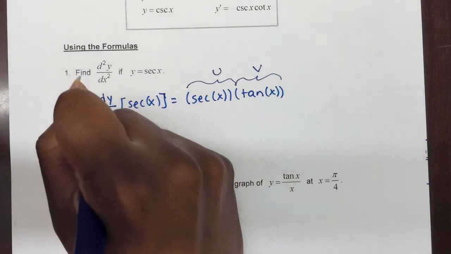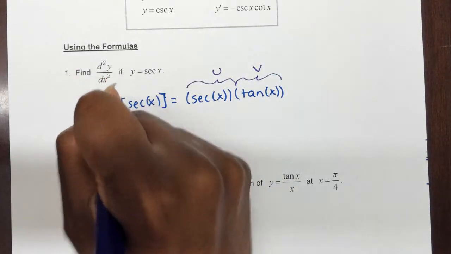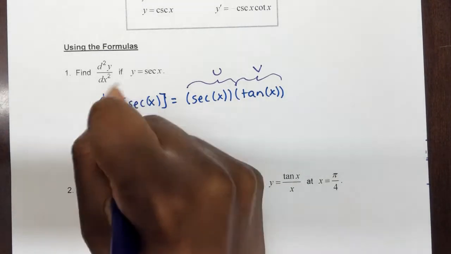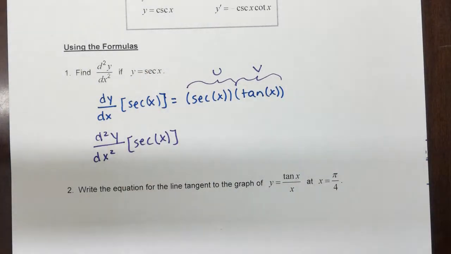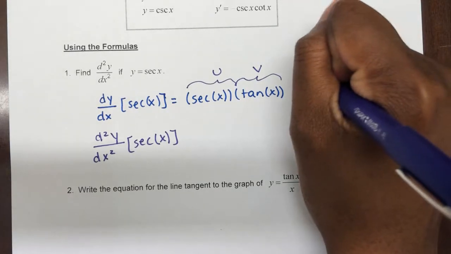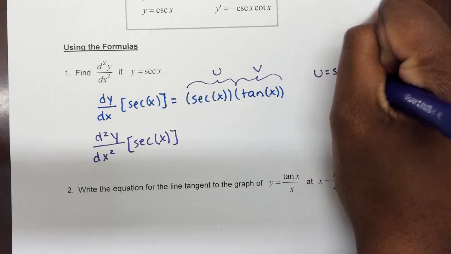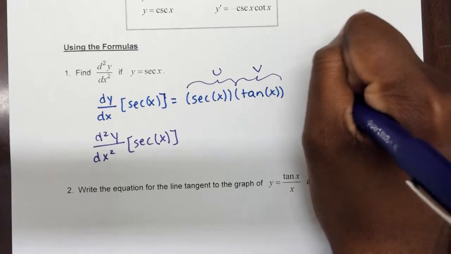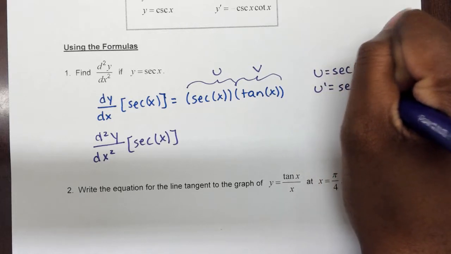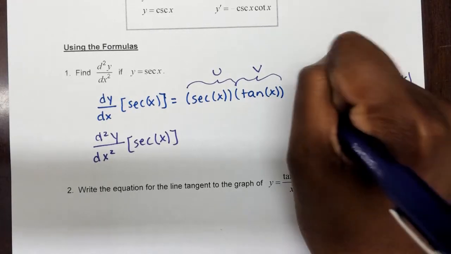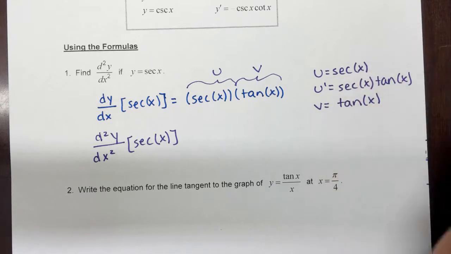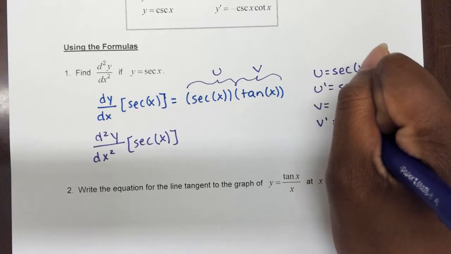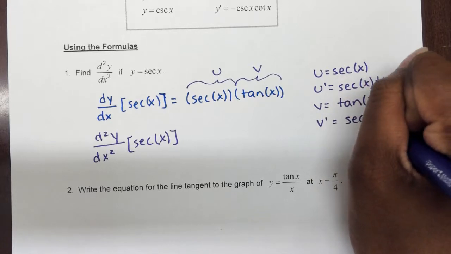So our second derivative will be the product rule using secant x being u and tangent of x being v. So my u is secant x, so my u prime is secant x tangent x, my v is tangent x, so my v prime is secant squared of x.